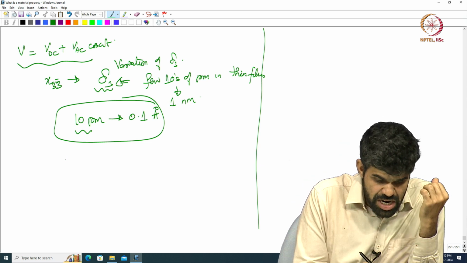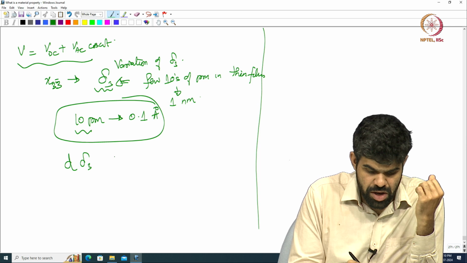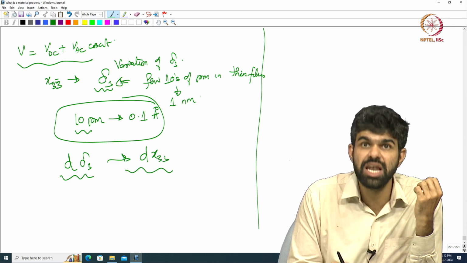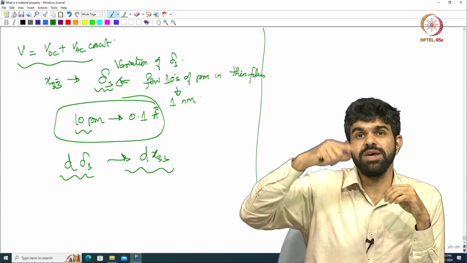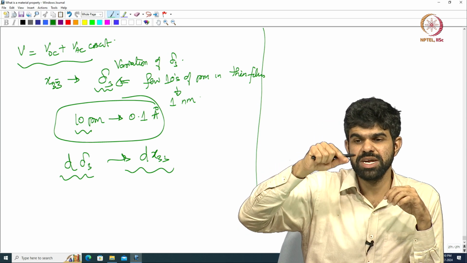So, I should measure d of delta 3, or that relates to d of x33, that is the differential vibration of the membrane. So, what is the displacement of the membrane? The membrane is going to get displaced.